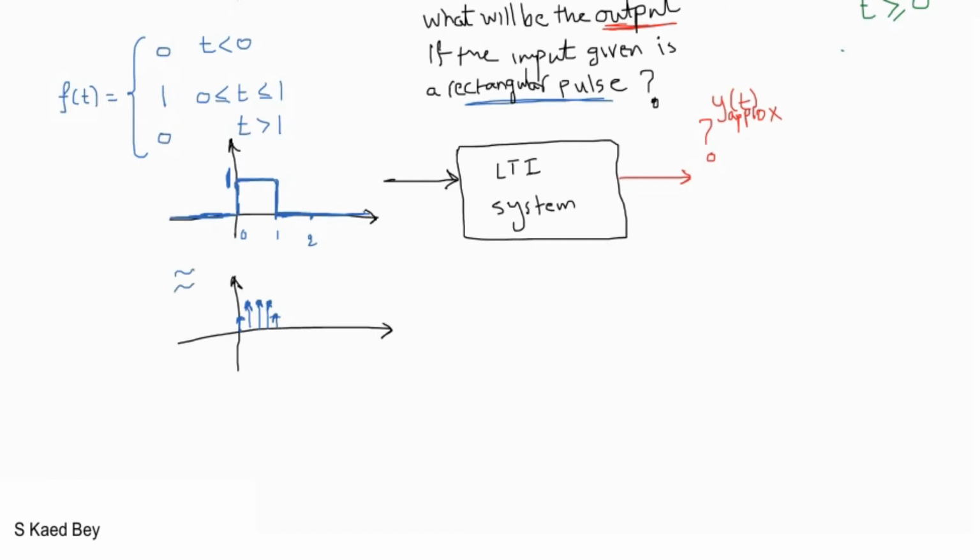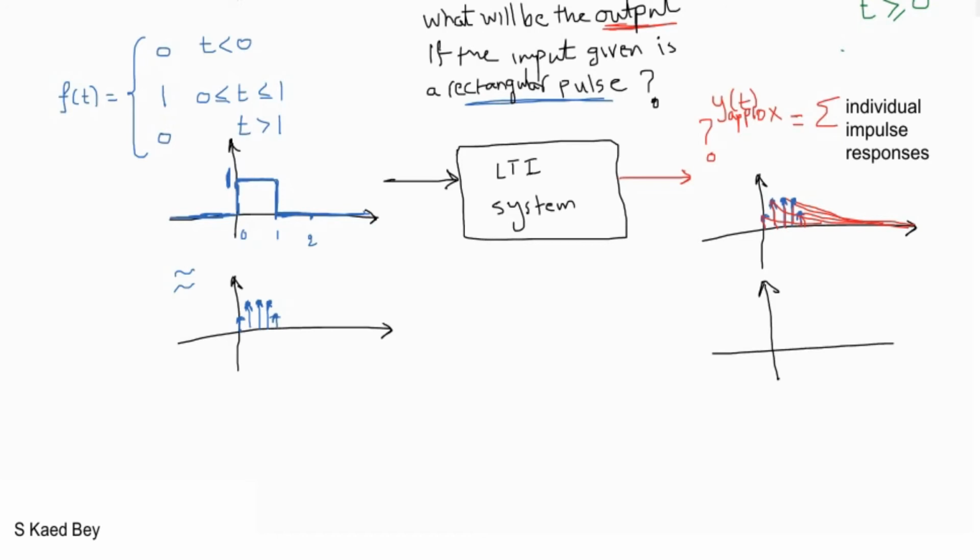Next, we simply plot the response of the system to each of these impulses as shown here. Then the result will be the plot as a sum of individual responses. And this zigzag line shown here is the approximate convolution result.